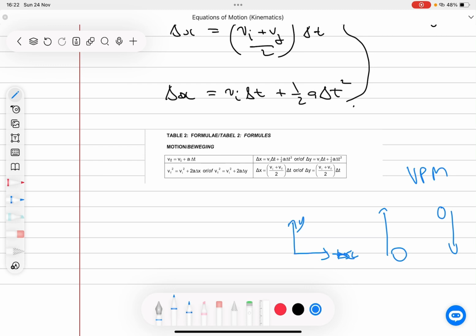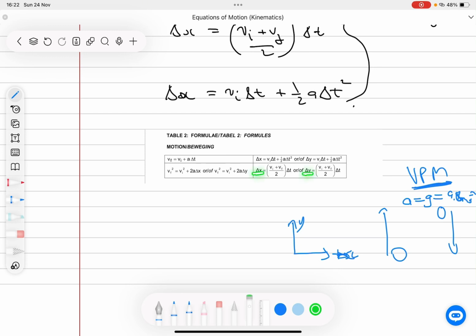We can have the same equations because we know that in this motion, if it's a free fall, meaning there are no other forces, our acceleration would be equal to the acceleration due to gravity, which is a constant number, 9.8 meters per second squared. Because the acceleration is constant, we are able to derive the same equations.